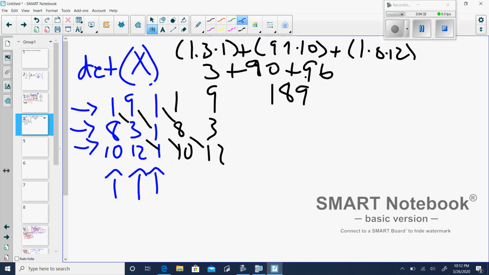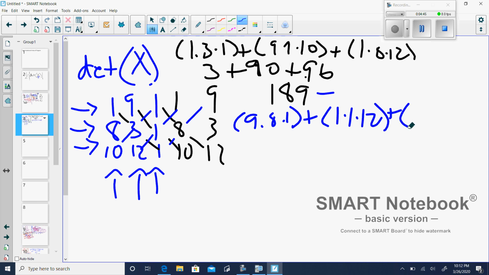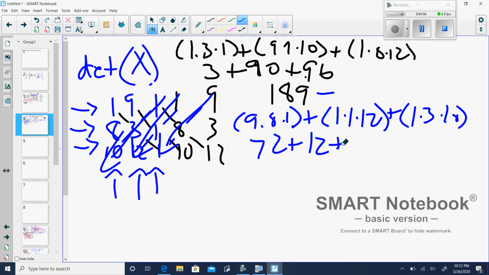And from that, we're going to take away, going from right to left, 9 times 8 times 1, plus 1 times 1 times 12, plus 1 times 3 times 10. We're just going diagonally from right to left. So that is 72, 12, and 30. So 72 and 12 is 84, plus 30 is 114.